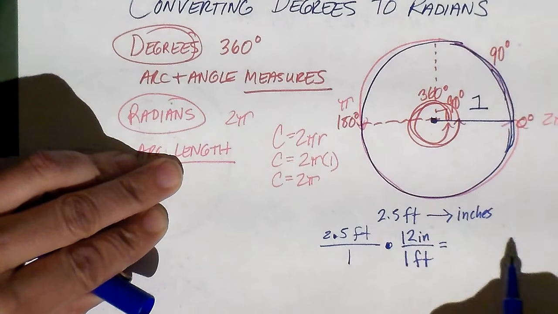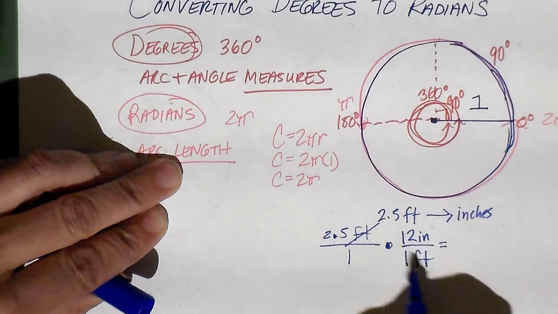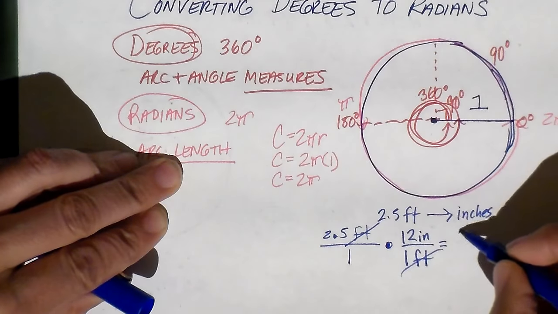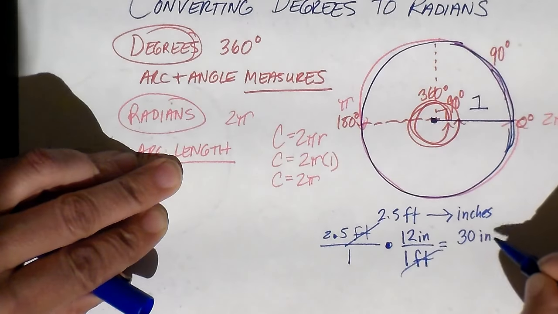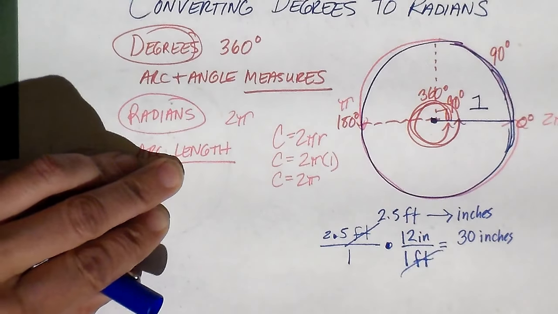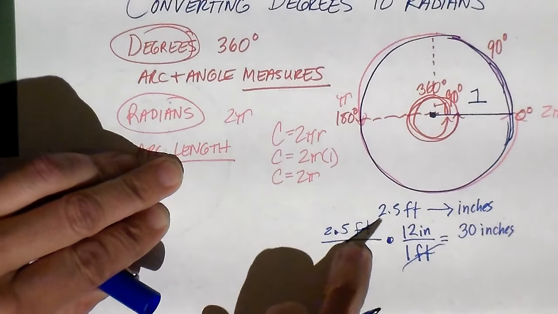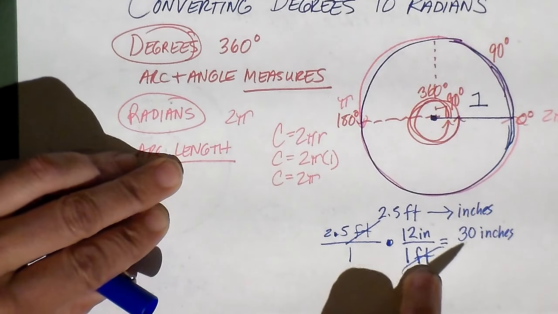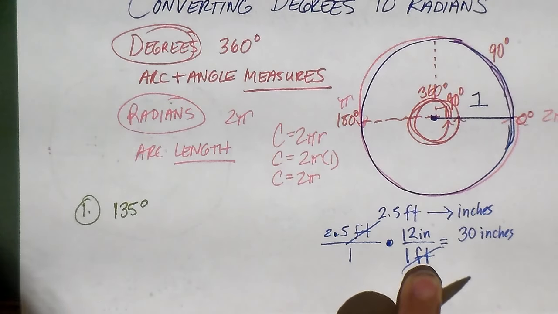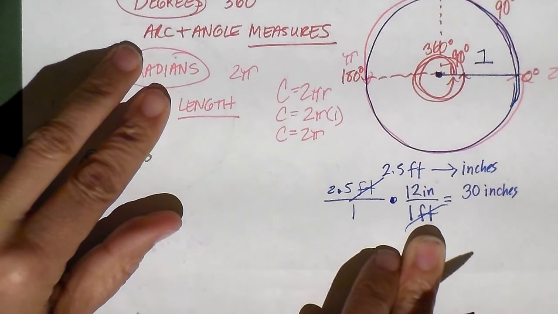If I multiply across, I get feet and inches on top and then feet on the bottom. So what goes away? Feet. So I'm left with 30 inches. And that's how I convert from feet to inches. Notice if I'm going from one unit to another, whatever unit I'm starting with goes on the bottom of my conversion factor. Okay? So let's go the other way with this one.